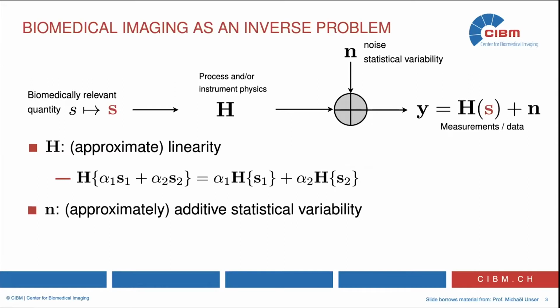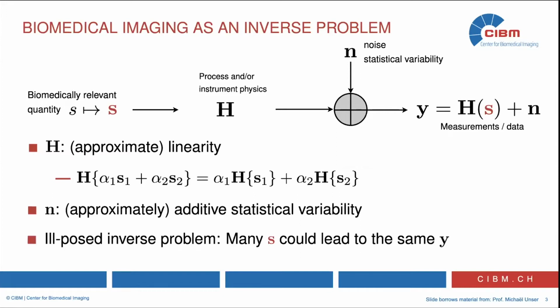Of course, there are very common modalities that don't accept this, but it's usually, again, a valid approximation under some regime. And that usually leads to ill-posed inverse problems, which means that many S's, so many of the representations of the quantity you want to have, could lead to the same Y.